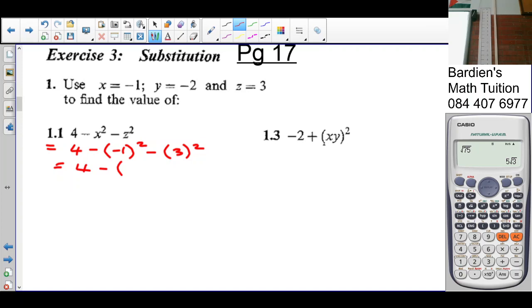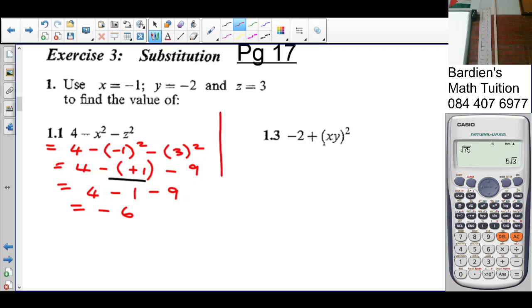Negative 1 squared will be positive 1, which is 1. Minus 3 squared is 9. I'm going to get rid of this bracket here first. So it's 4. Negative times positive is negative 1 minus 9. What's 4 minus 1? 3. And 3 minus 9? Negative 6. You all okay with that?